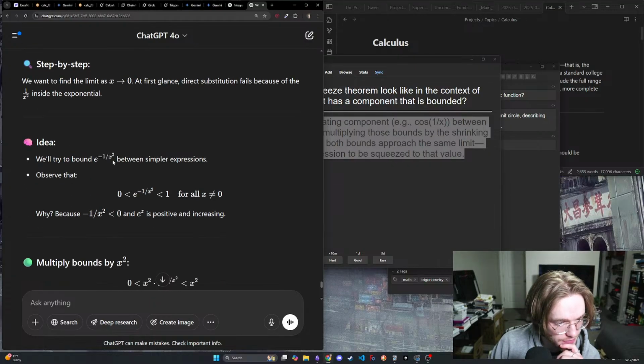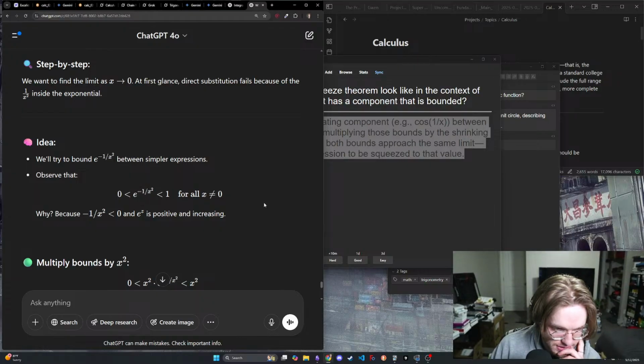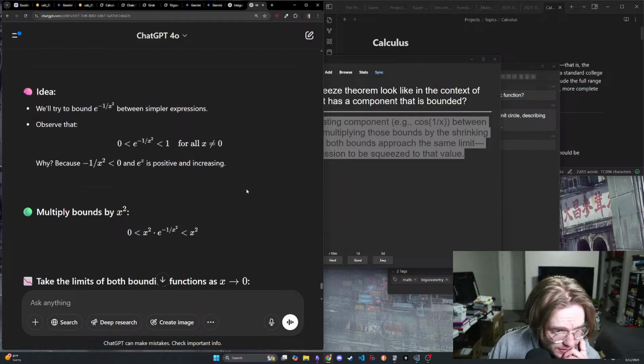Okay, fair enough. We'll try to bound e to the negative 1 over x squared between simpler expressions. Observe that 0 is less than e to the negative 1 over x squared, and this is less than 1 for all x that don't equal 0, because e is positive and increasing.